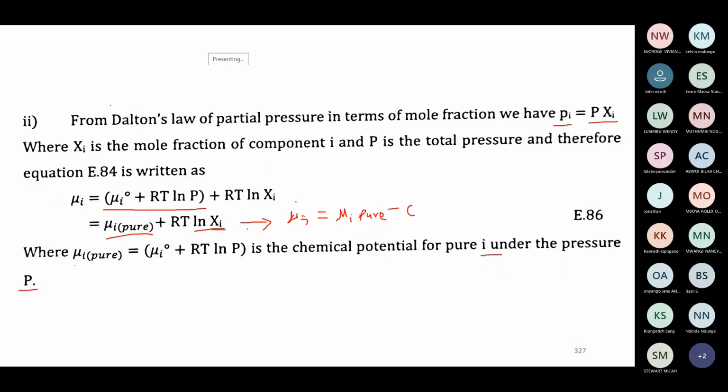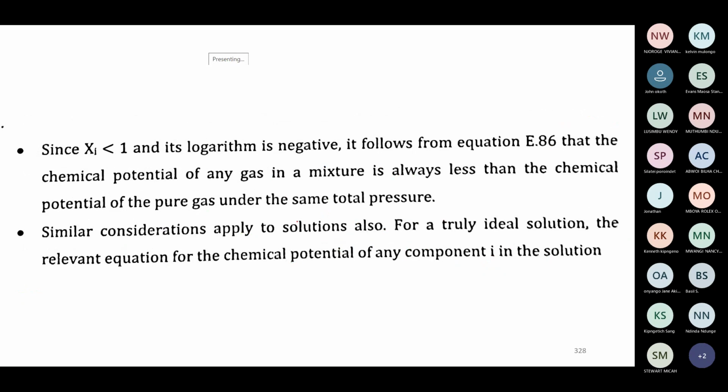So therefore, that's the meaning of this statement: the chemical potential of any gas in a mixture is always less than the chemical potential of the pure gas under the same total pressure. Now, these similar considerations also apply for solutions.